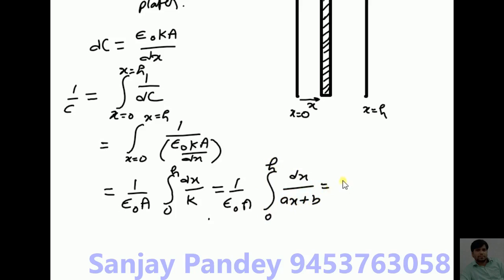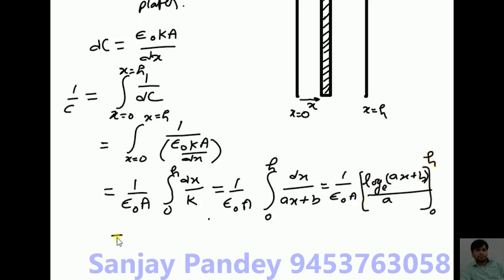It will be equal to 1 upon epsilon naught A into log, integration of this function is equal to log base e (ax plus b) upon a. Now lower limit is 0 and upper limit is h.